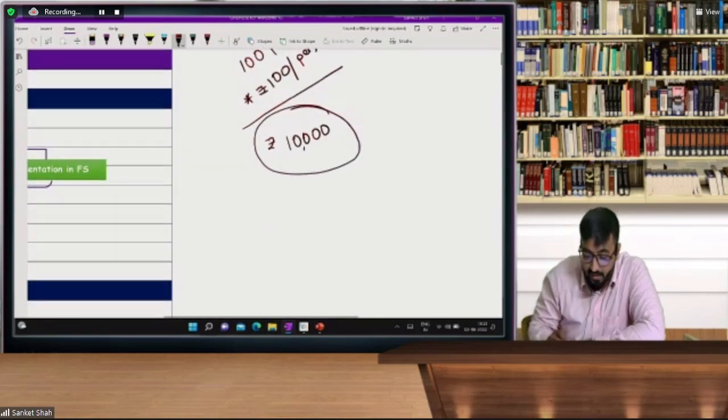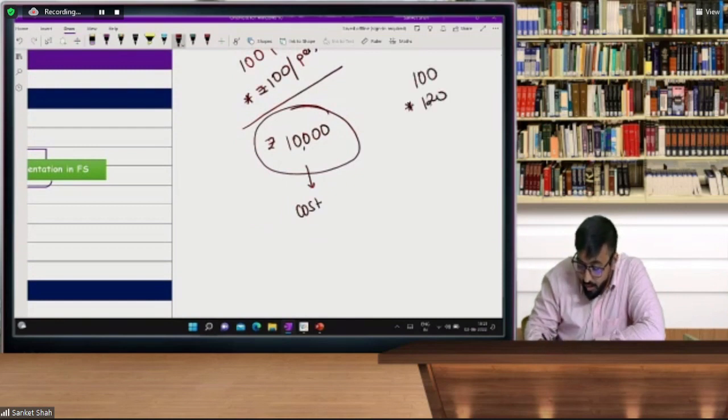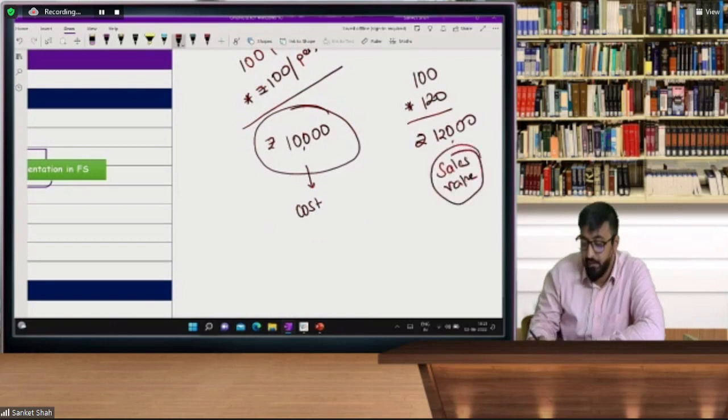Now this 10,000 is my cost. And suppose if I sell this, I will get 120 rupees, so the sales value of these 100 pens is 12,000.